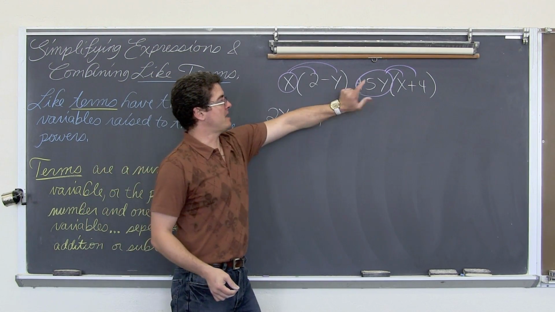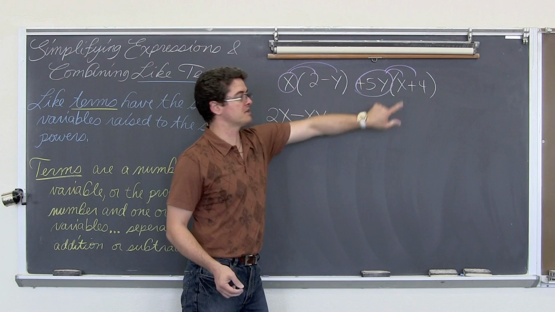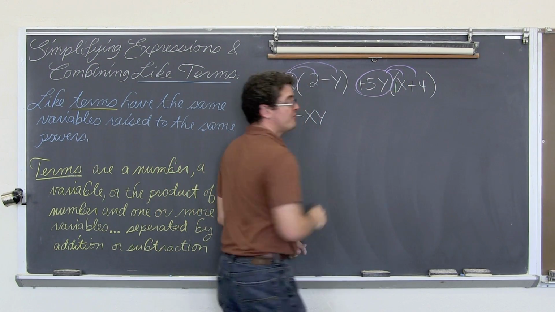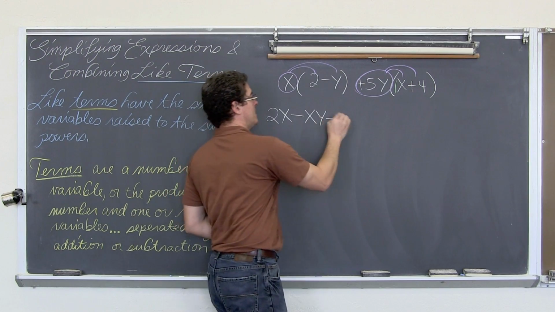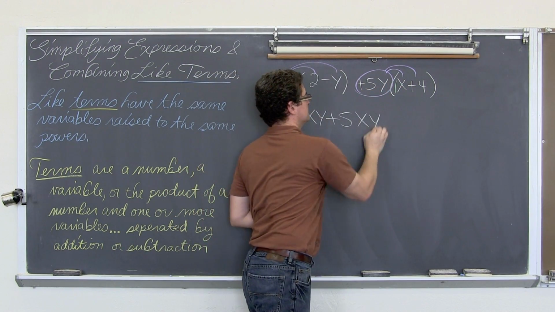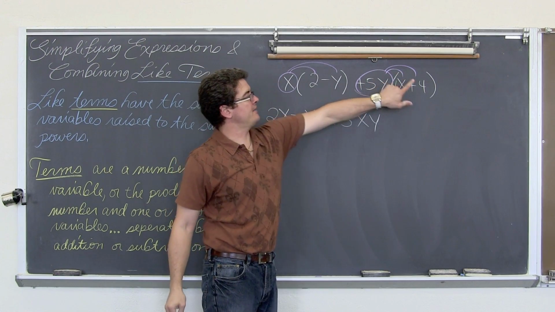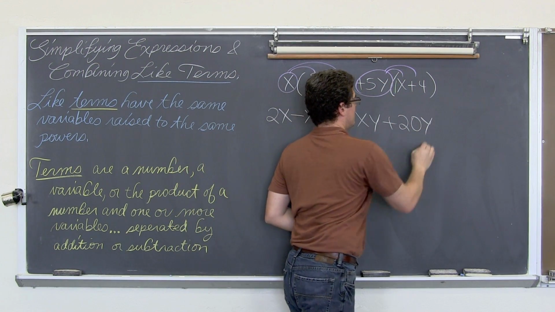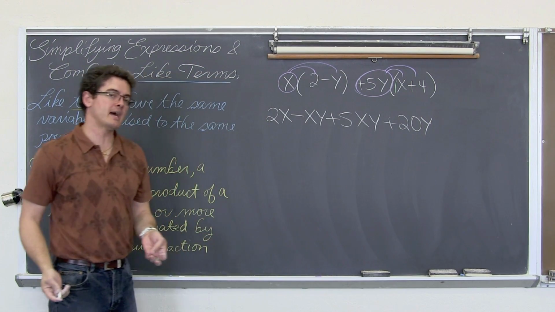I'm going positive 5 times positive 1. Well, 5 times 1 is 5. So plus 5xy. And then positive 5 times positive 4 is 20. So plus 20y.